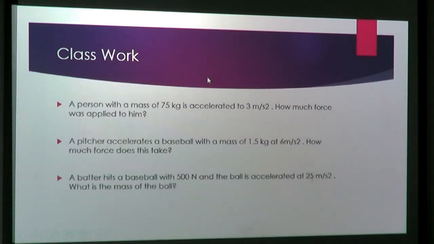And the last one, a pitcher hits a baseball with 500 newtons, and the ball accelerates at 25 meters per second squared. What is the mass of the ball? Write that down in your notebook.